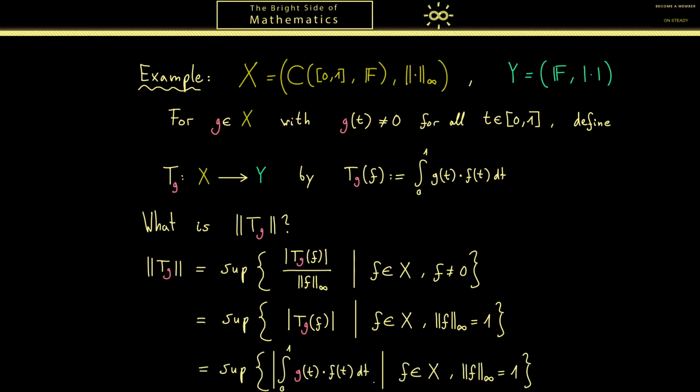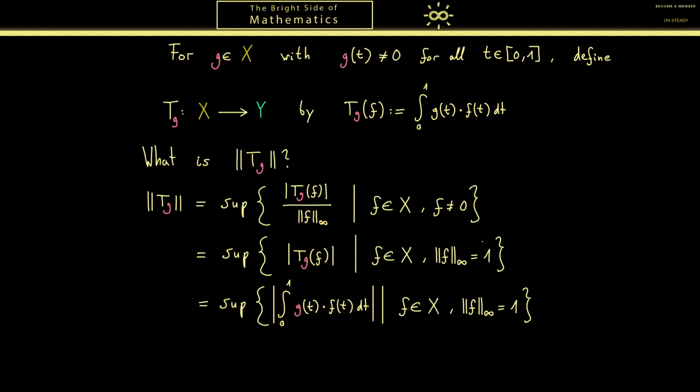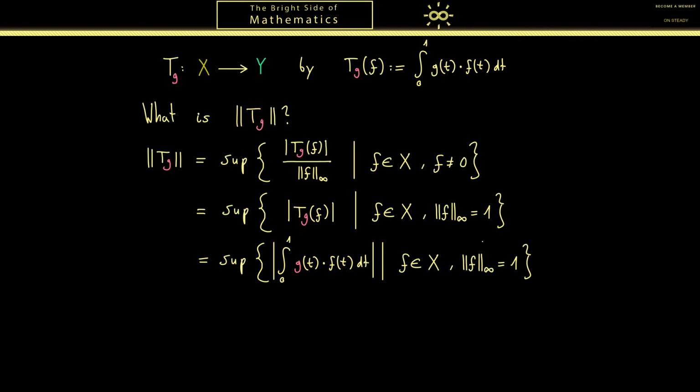In the next step we just fill in what we know from the image. We have here the absolute value of this integral. This integral is of course what we need to calculate, but maybe a better first step would be to find an estimate. Now I want to use the knowledge that pulling the absolute value into the integral only makes it bigger or it stays the same. And then we just use the multiplicativity of the absolute value, which means we can pull out the multiplication sign. Then in the next step we see that we have here the absolute value of f at some point t.